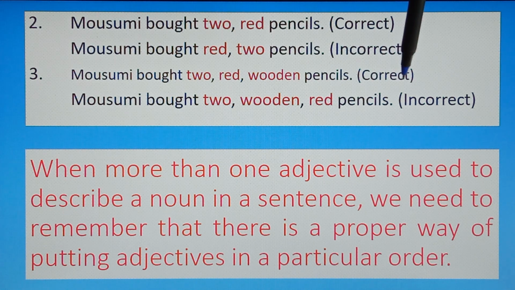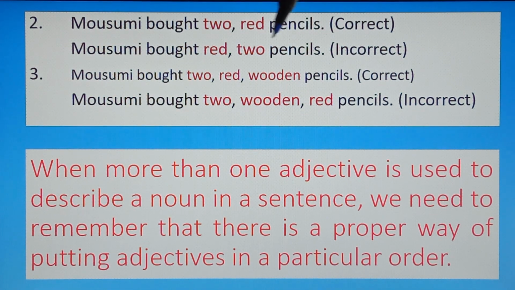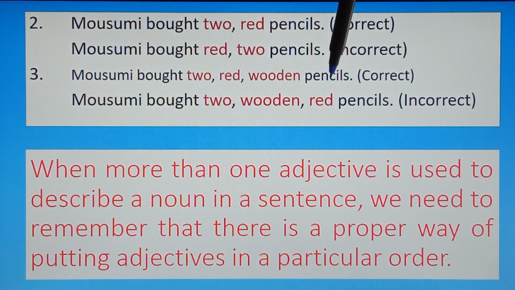This is a correct sentence. And Mosumi bought 2 wooden red pencils, this is incorrect. In the second sentence we are using 2 adjectives to describe the noun, and in number 3 we are using 3 adjectives to describe the noun.